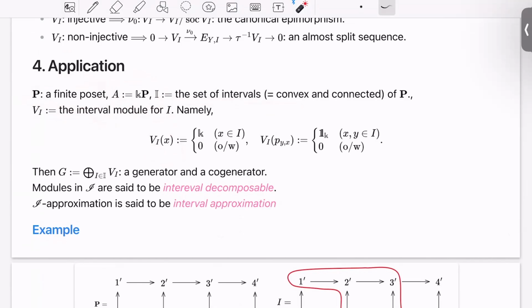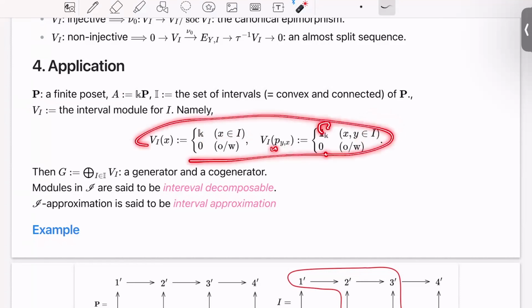a representation of the Hasse quiver of P. At each vertex, it is put K or 0. If x is in I, then it is K, otherwise 0. And if both x and y are in I, then the morphism from x to y is put to identity, otherwise 0.